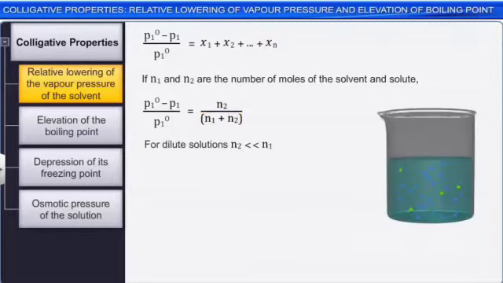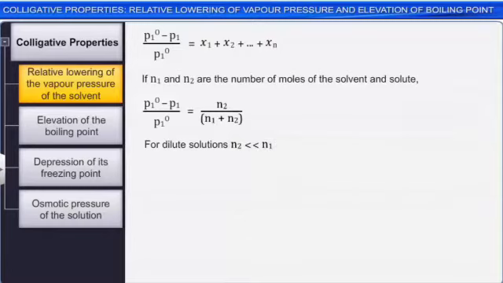If the solution is very dilute, then the number of moles of solute will be very less as compared to the number of moles of the solvent. Therefore, neglecting N2 in the denominator, we get (P1⁰ minus P1) divided by P1⁰ is equal to N2 divided by N1.